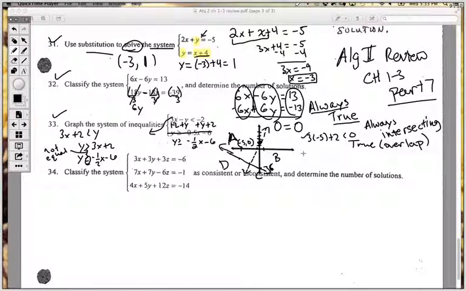If we were to plug in, not 0 for the x, 0 for the y. 0 is greater than or equal to negative 1/2 times negative 5, and then minus 6. Okay, so this is a little bit weird.